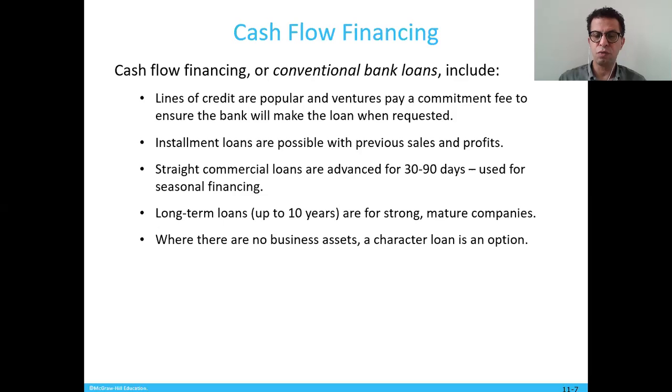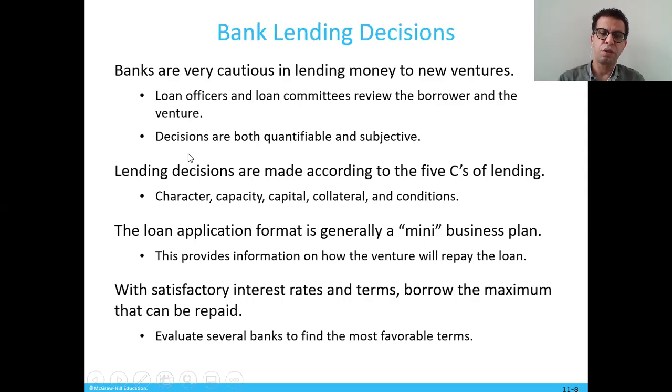Where there is no business asset, a character loan is an option. If there is no asset, they will look at your business plan and the chance of the business succeeding, and it might be one of the options they go for to grant you the loan.